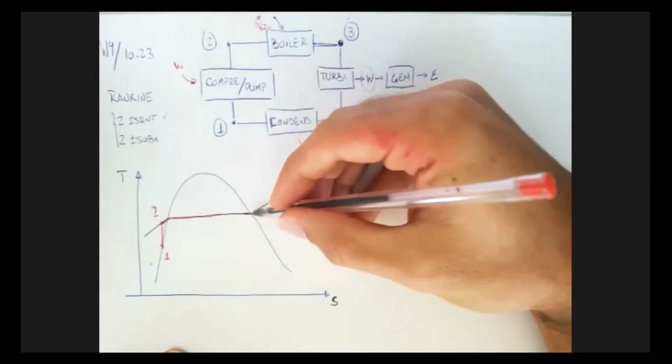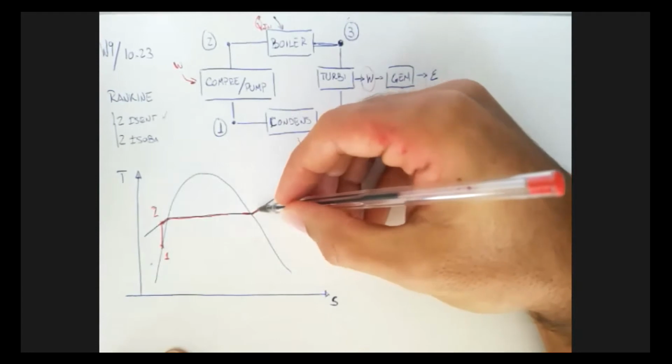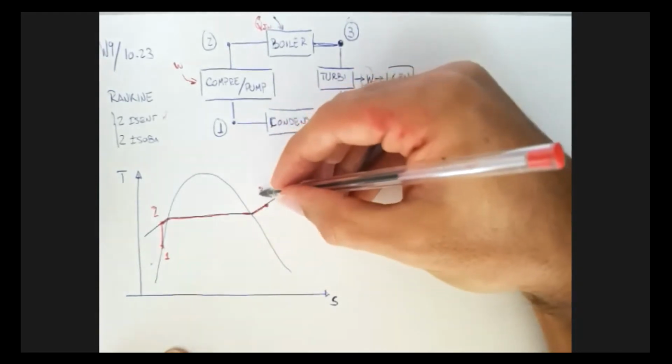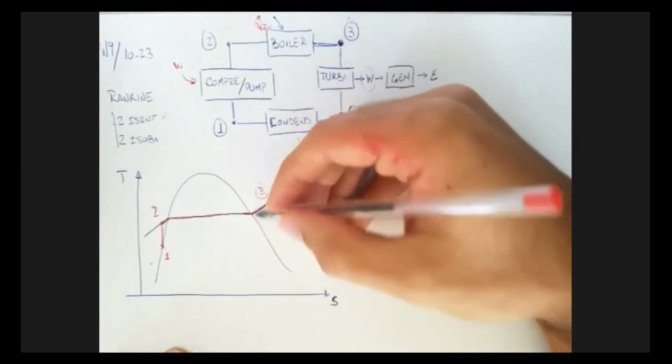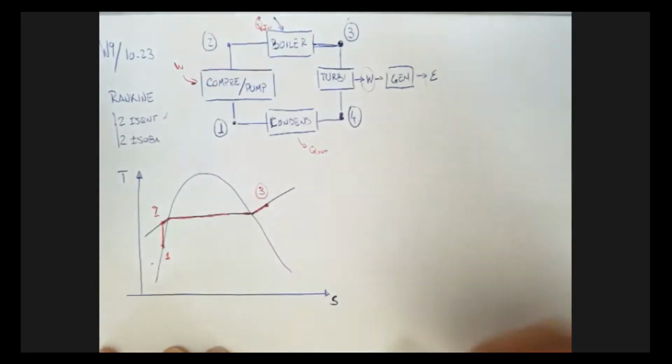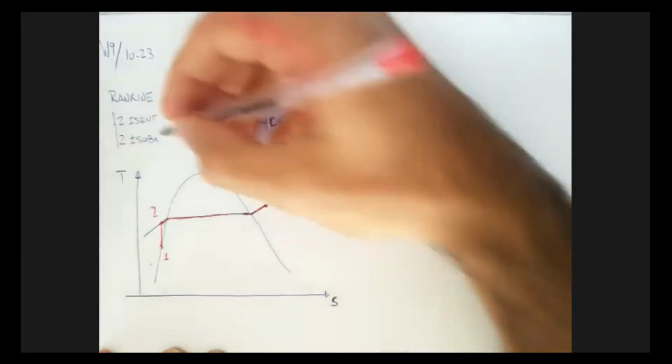I'm not sure in our case what's happening. I have to check to be sure. I'm going to end up somewhere here, whether it's superheated, saturated, or a mixture. I'm going to have to see. So that's our isobaric process.